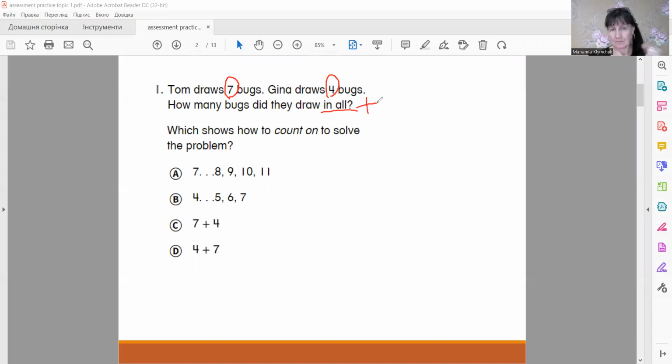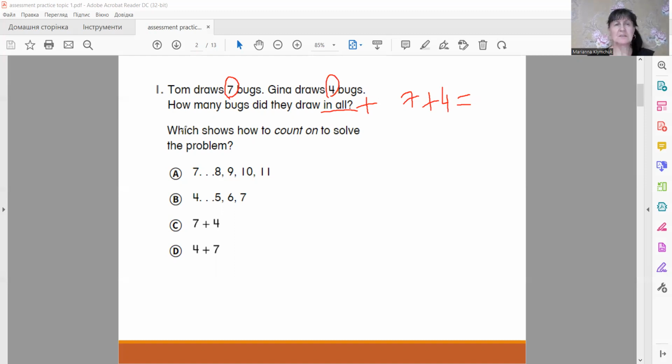And having number 7, having number 4, and having plus, we can write an equation for ourselves, just for ourselves: 7 plus 4 equals. We don't need to write here how much it equals, okay?